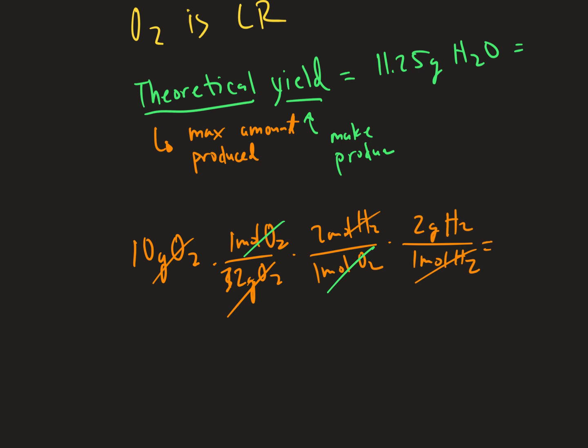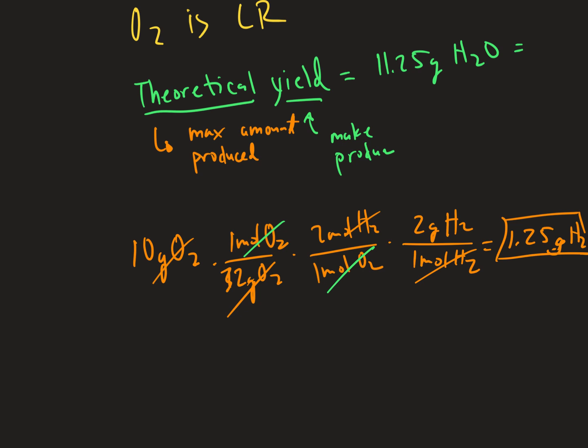And we go 10 divided by 32 times 2 times 2, and we get 1.25 grams of hydrogen gas. What does this tell us? This is our theoretical amount of hydrogen gas that we need to completely react with the 10 grams of oxygen. You with me?